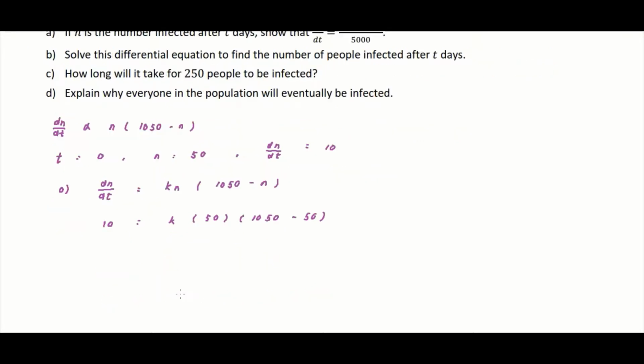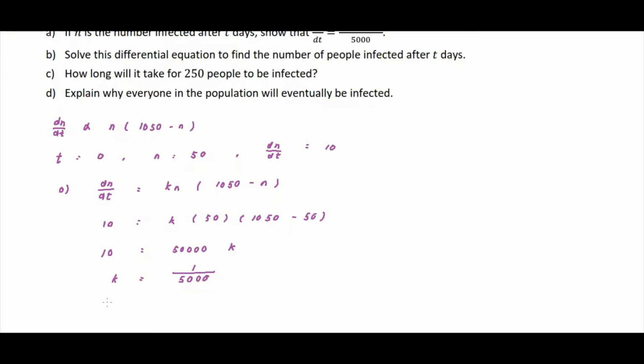Okay, so let's solve it. You have 10 equals k times 50 multiplied by 1,000, which gives you 50,000k. So k will be equal to 1 over 5,000.